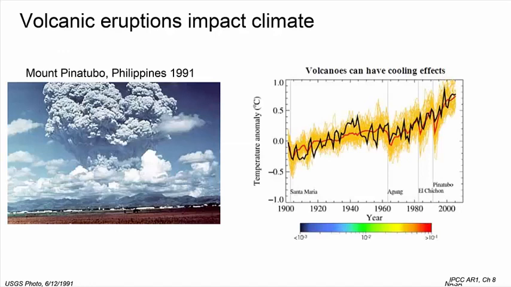So, I was talking about before how volcanic eruptions can affect the climate. This is a photo taken of Mount Pinatubo in 1991. You can see all of the emissions.